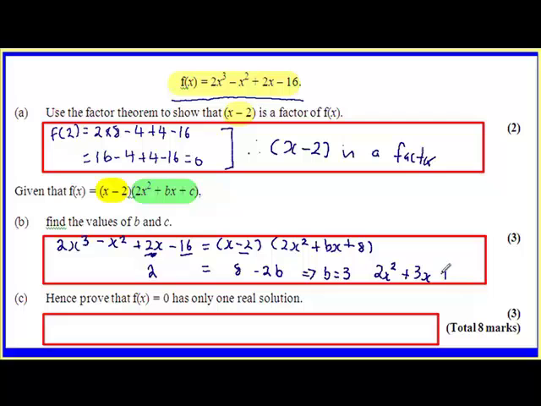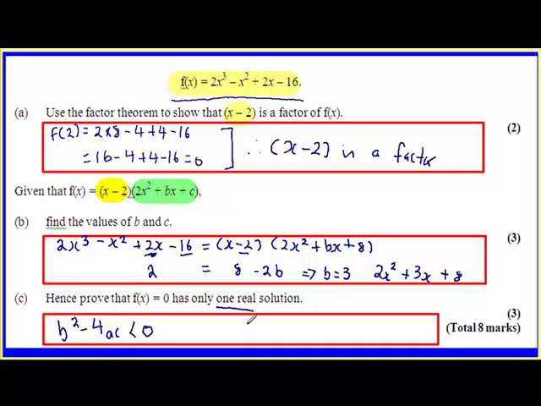The third part of the question asks us to show that we only have one real solution, which will be x minus 2, so this quadratic will have no real roots. You can recall your discriminant work where b squared minus 4ac, if it's less than 0, means that no real solutions exist.